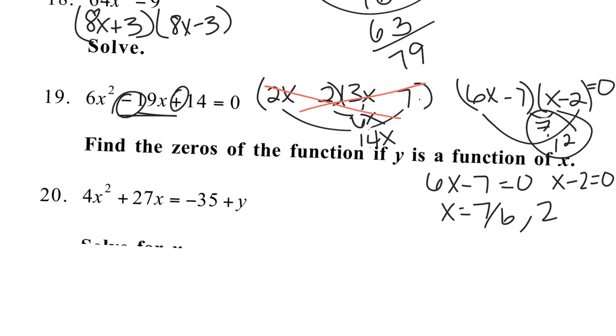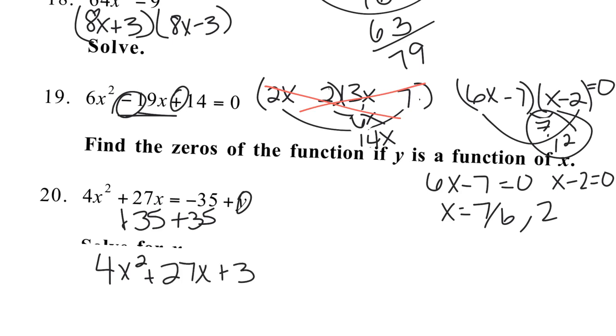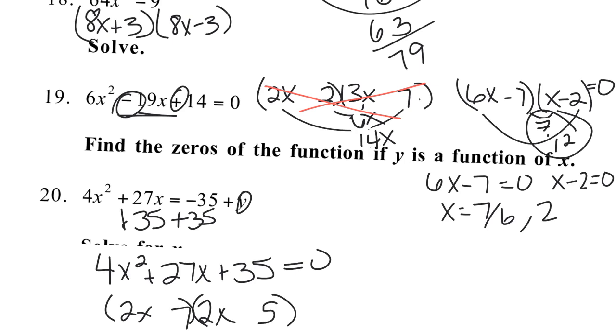And lastly, when it says find the zeros, if y is a function of x, that means make that equal to 0 and solve it. So we're going to add the 35, and we get 4x squared plus 27x plus 35 equals 0. And we're going to factor. That's 2x and 2x. 35 is 5 and 7. Let's try that.